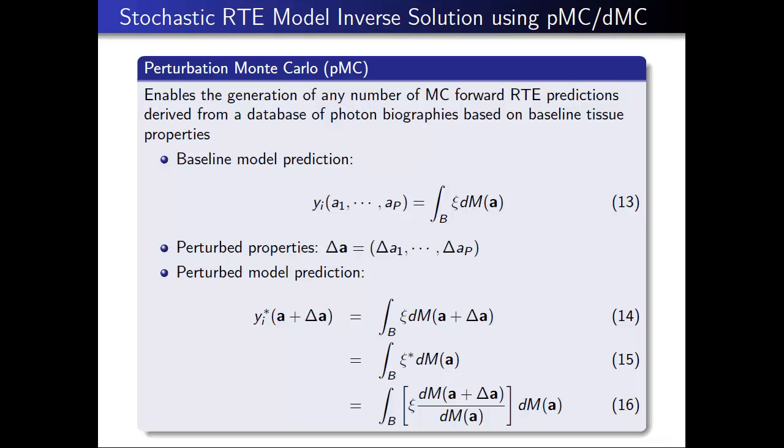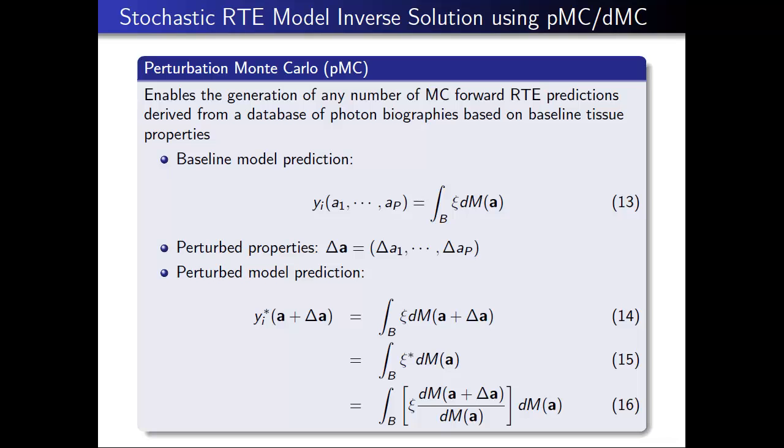Now say you're interested in a what if. What if my optical properties were these? Then one way you could do it is determine the model prediction by running another simulation with these changed optical properties.